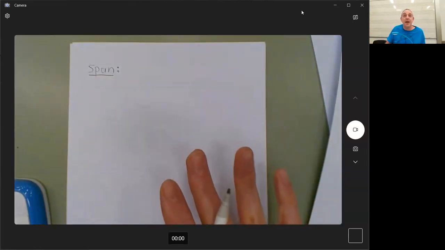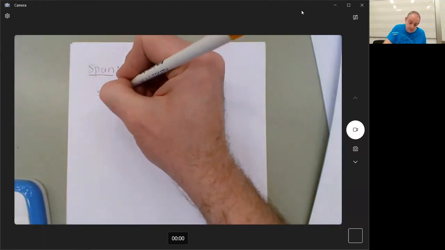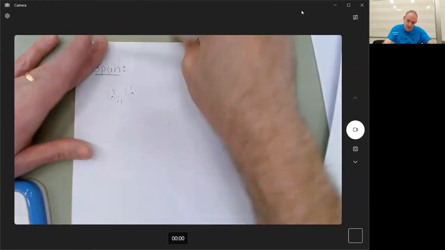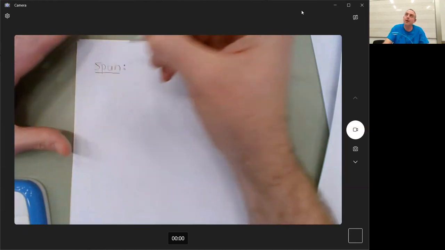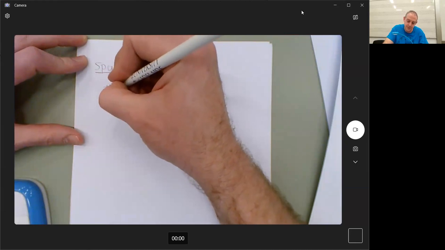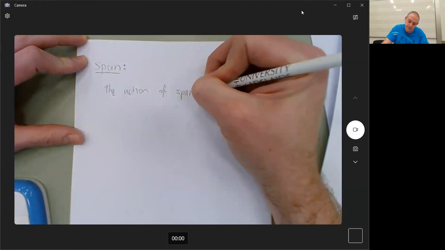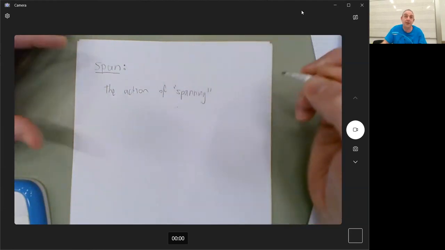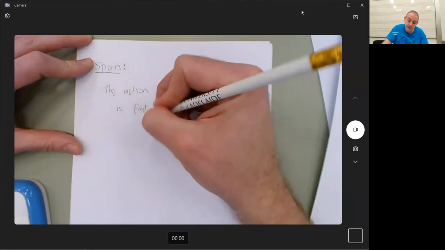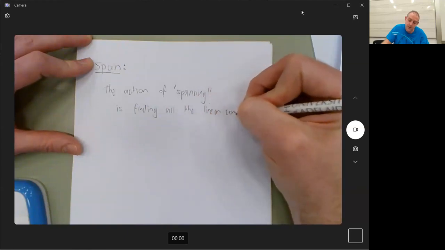The act of spanning. So I don't know how to say this in maths notation, so I'm just going to say it. The action of spanning in linear algebra is finding all the linear combinations.